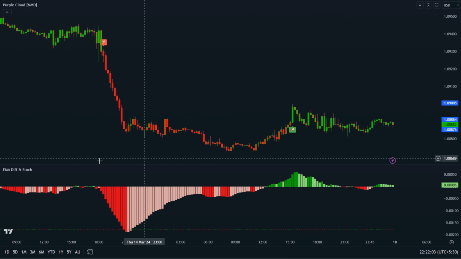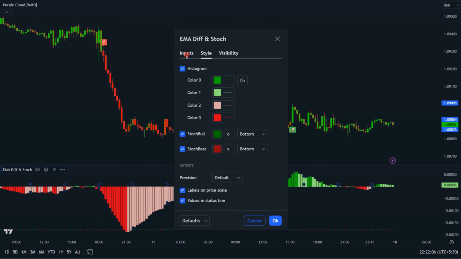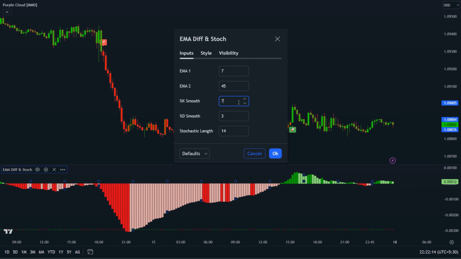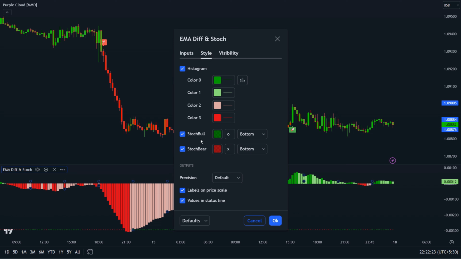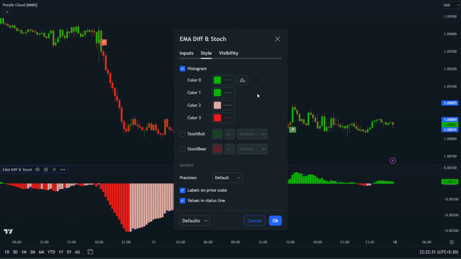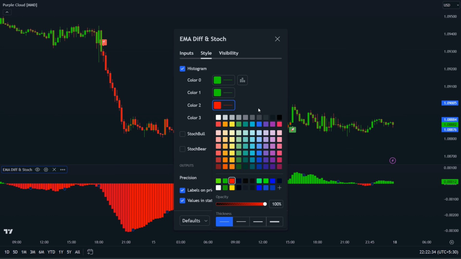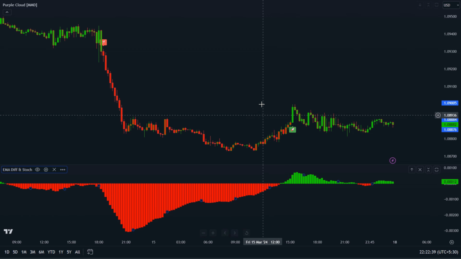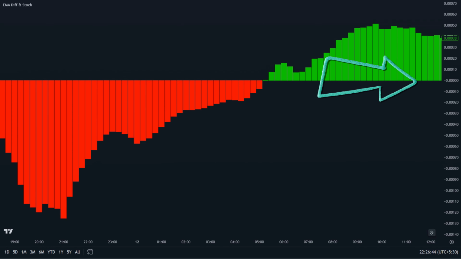Now let's customize the second indicator. These colored bars appear above and below a zero line.